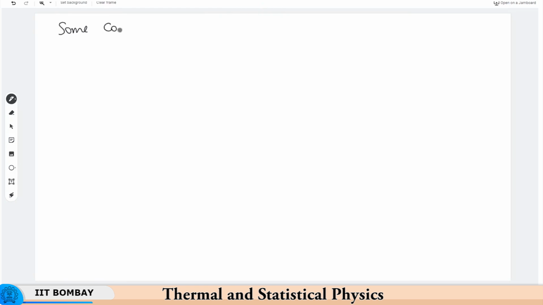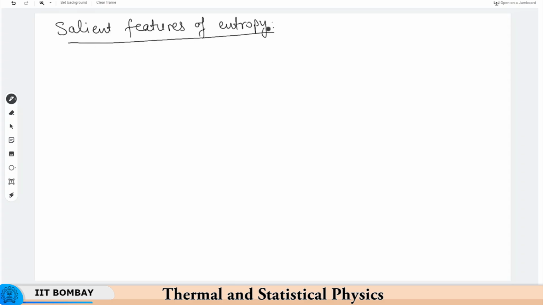Some salient features of entropy, which we should understand.